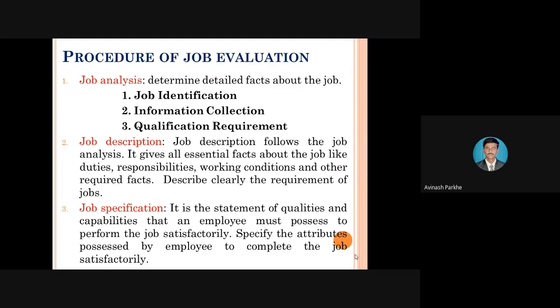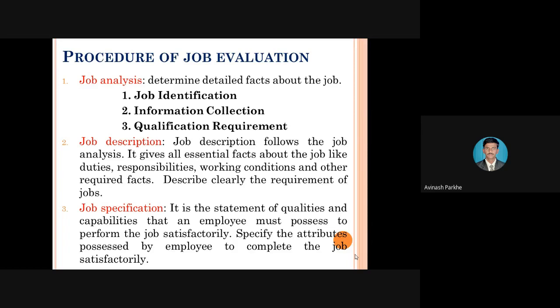Therefore, at the start I have written that it is a statement of qualities and capabilities of an employee. It totally depends upon the quality of the worker and the capability of that particular employee, which they must possess to perform the job satisfactorily.